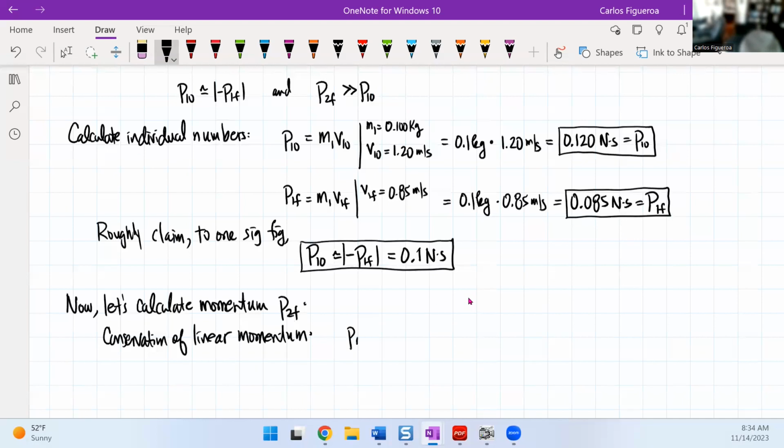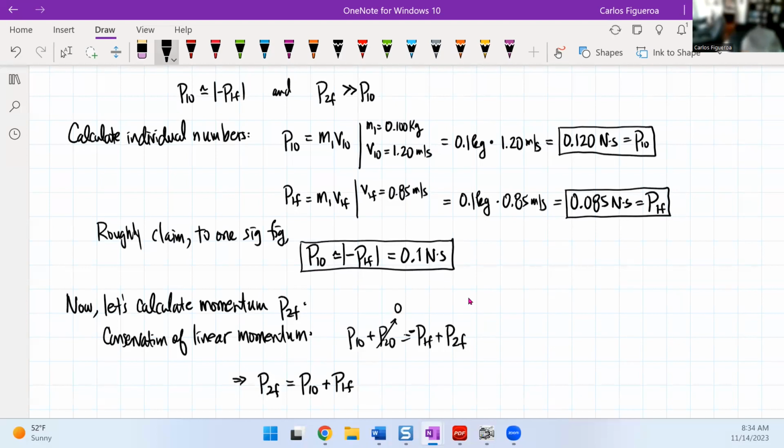We said that P1 initial plus P2 initial has to equal P1 final with the minus sign plus P2 final. And we already know that this one starts at rest. So now I'm going to solve for P2. I have to bring P1 over. So P2 final is going to be P1 initial plus P1 final. Look how important it is to get that minus sign right.